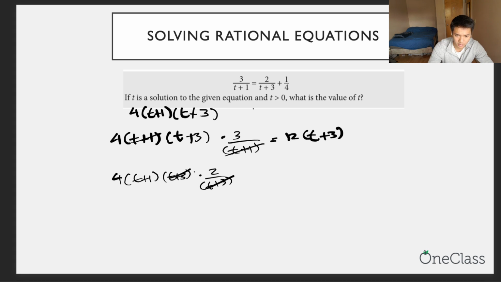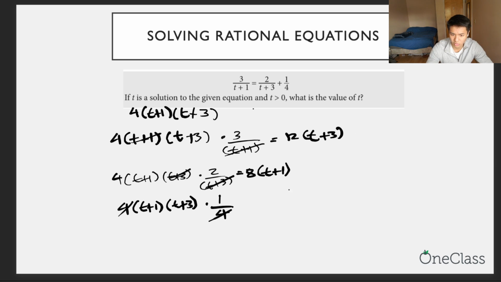And we get that eliminated, and we get 8t plus 1. And then we have 1/4, which is just going to give us times 1/4, and that's going to give us t plus 1. So our final equation is going to look something like this.